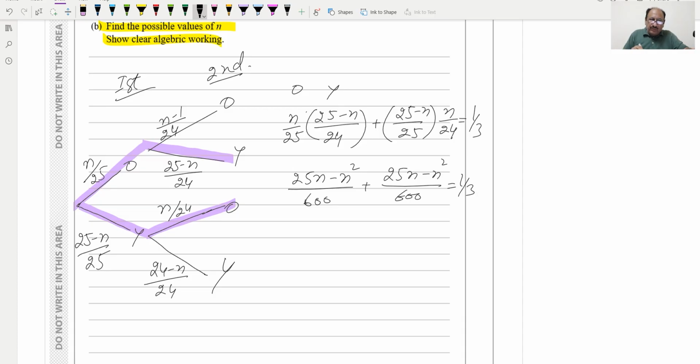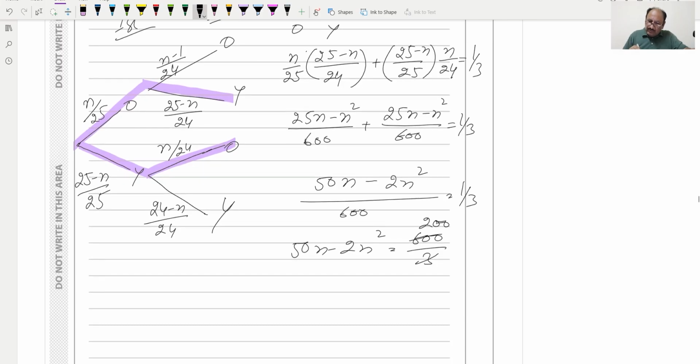Now the denominators are same, so we can add the numerators and rewrite it as 50n minus 2n squared over 600 is equal to 1 by 3. Cross multiply, or we can shift 600 to the other side. So 50n minus 2n square will be equal to 600 divided by 3, which is equal to 200.